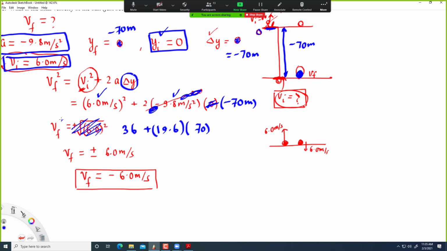That's v squared. Do you guys have an answer? No answer?